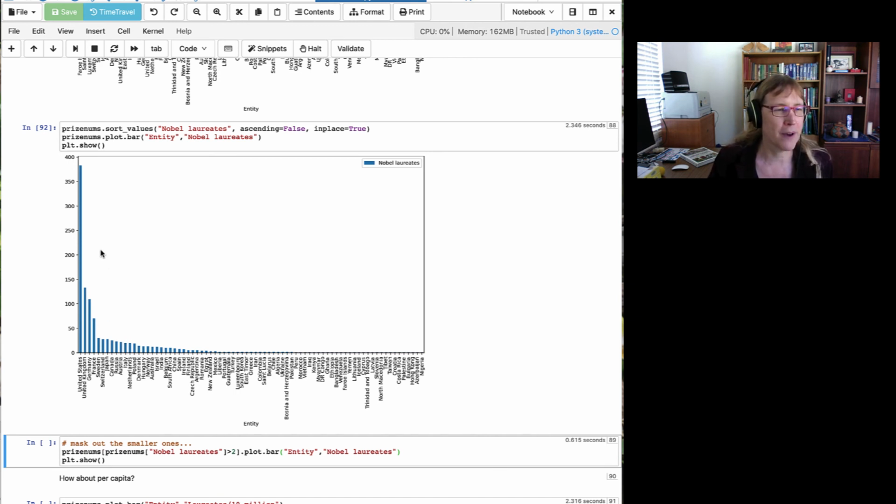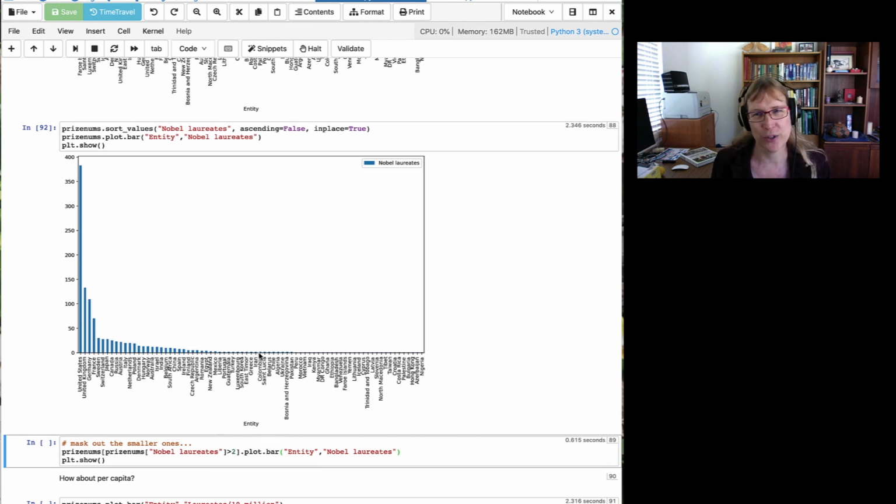United States is by far the biggest. For the data down here, we still get the ranking, but we can't really see a lot, and it's a bit crowded.